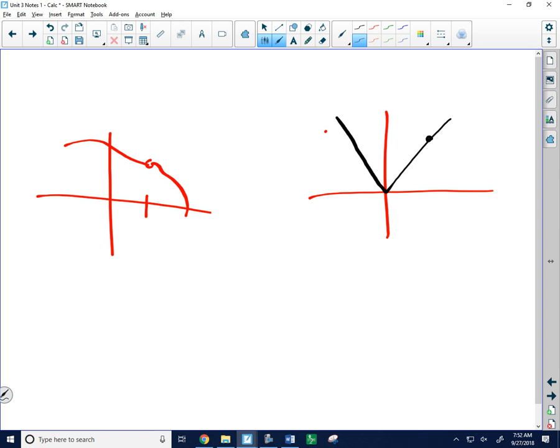If you choose a point on absolute value x, the slope on the right side is 1, and the slope on the left side is also 1 of that point. So that works out. But right here at 0, the slope on the right side is a positive 1, and the slope on the left side is a negative 1. So in order for the derivative to exist, the right and left hand slopes have to be the same.